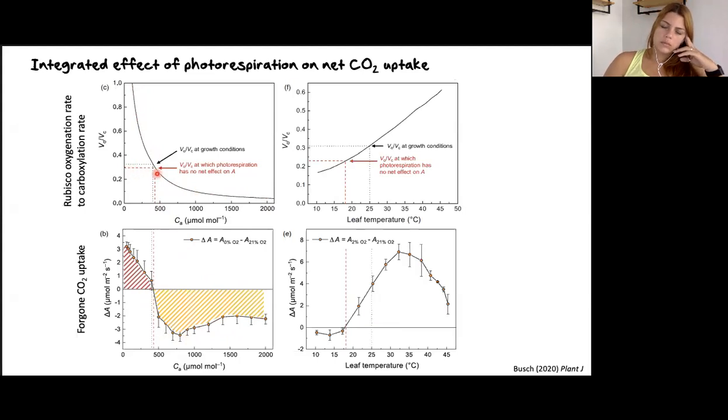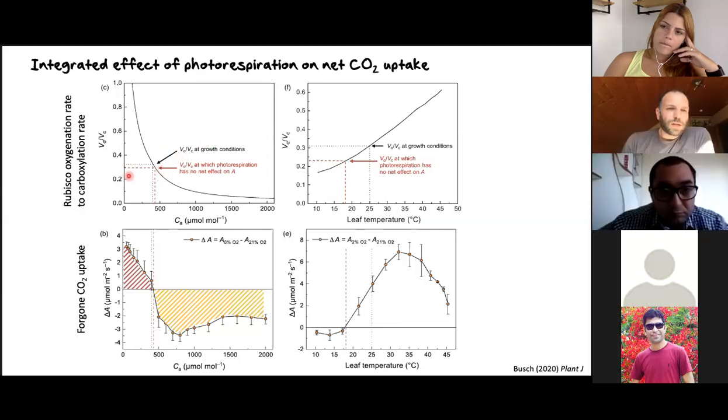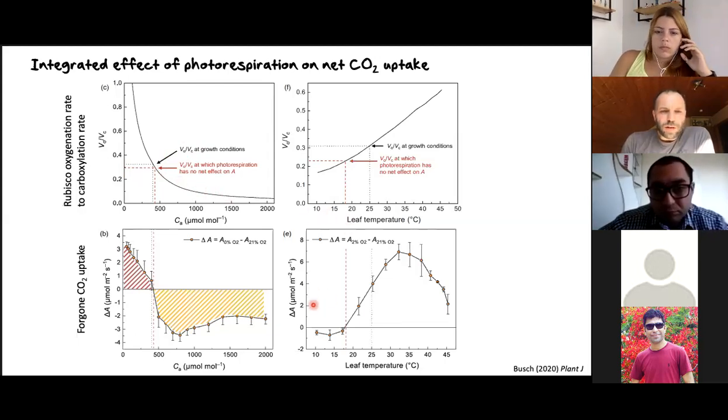And you can see that up to a ratio of VO to VC of about 0.3, this is where photorespiration is beneficial. Or similarly here, photorespiration is beneficial at low temperature up to a VO over VC of about 0.25 or so.